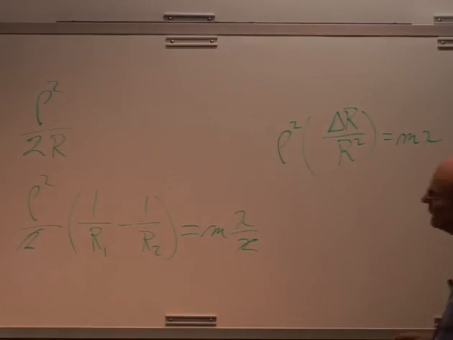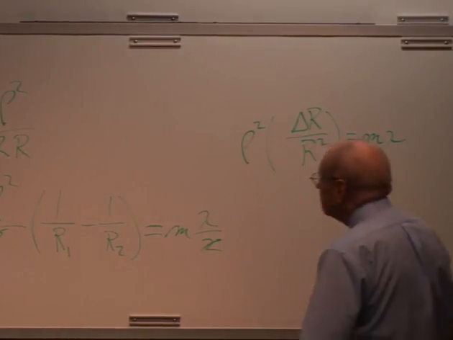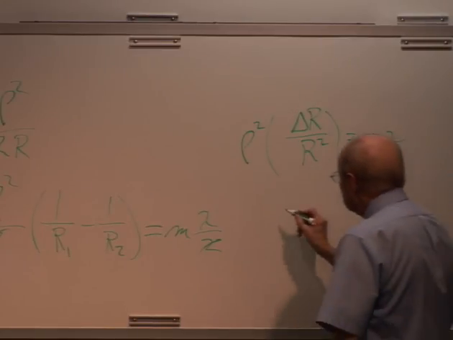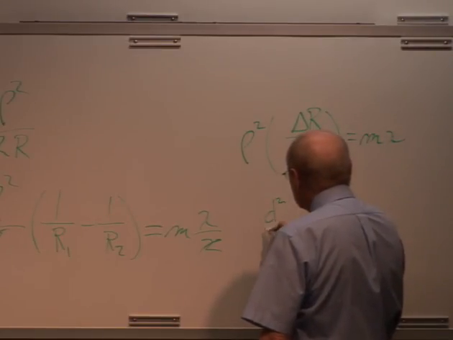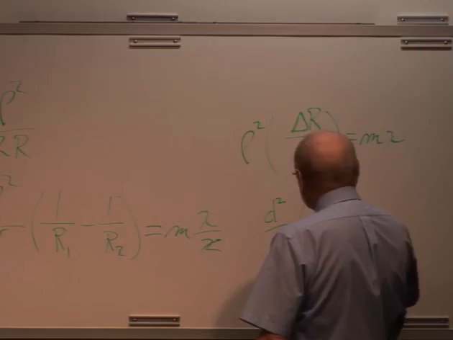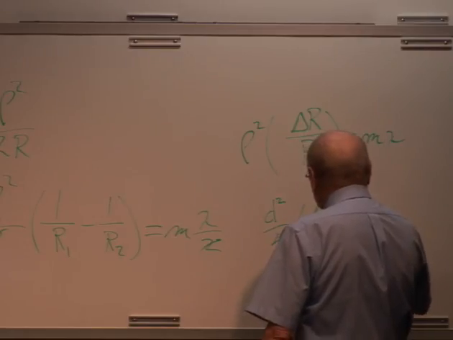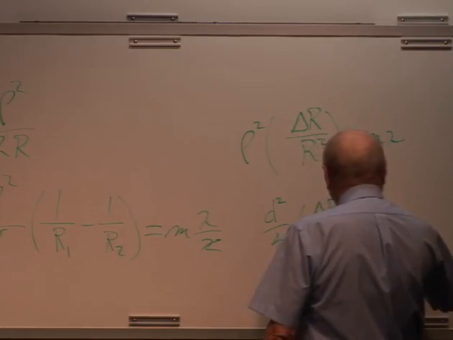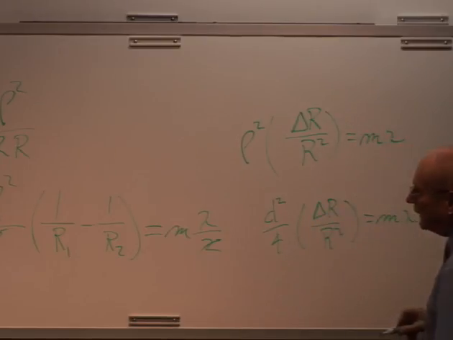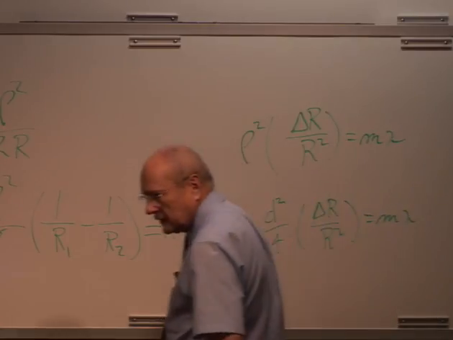And we could write rho as, d here is the diameter, so that could be D squared over 4 delta r over r squared is m lambda. And then we could just solve for delta r, and we get, just like I have on the screen here, 4m lambda r squared over d squared.